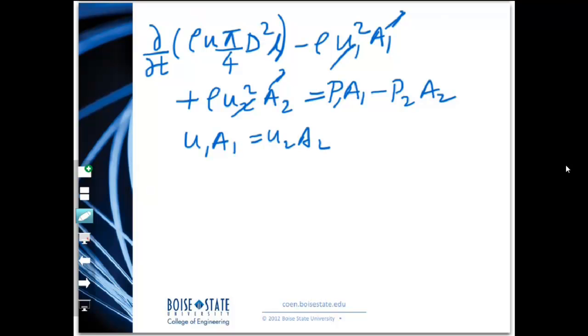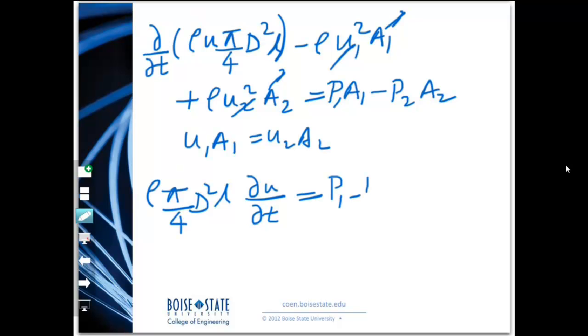So if I rewrite these terms and identify some constants here, ρ is a constant, ρ π/4 d² L ∂u/∂t equals, the area is again a constant, π d²/4.